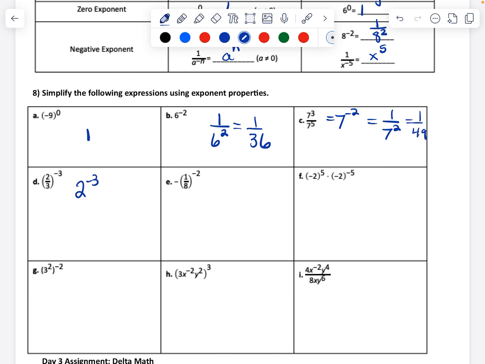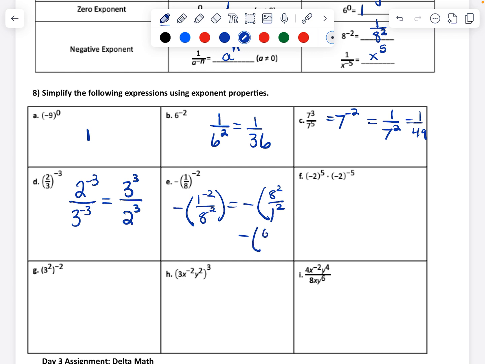This would be 2 to the negative 3, 3 to the negative 3, but to get rid of the exponents, we have to flip them. So 3 to the 3rd over 2 to the 3rd. This would be negative 1 to the negative 2 over 8 to the negative 2. So this is negative 8 squared over 1 squared, or negative 64 over 1.